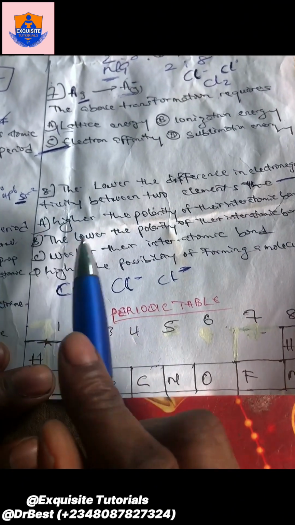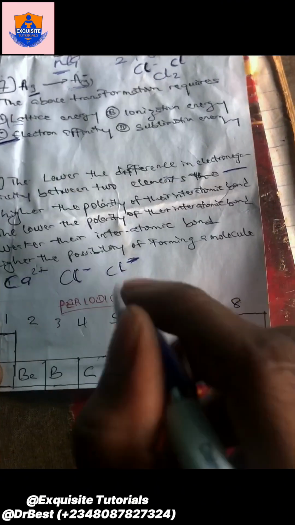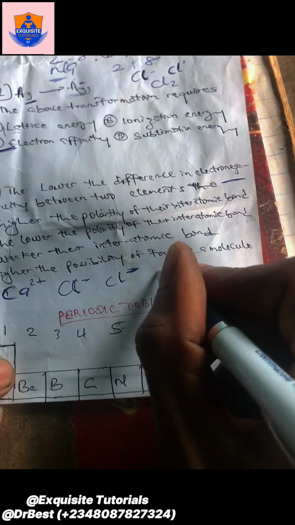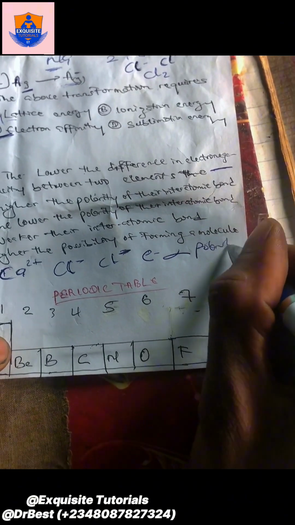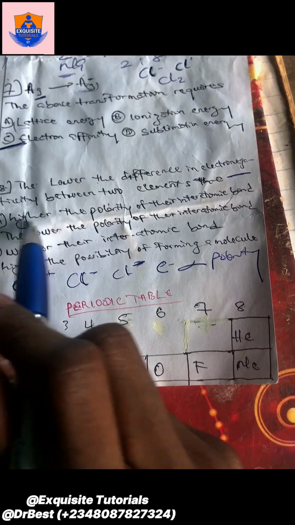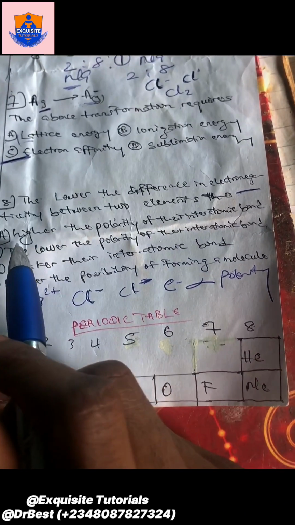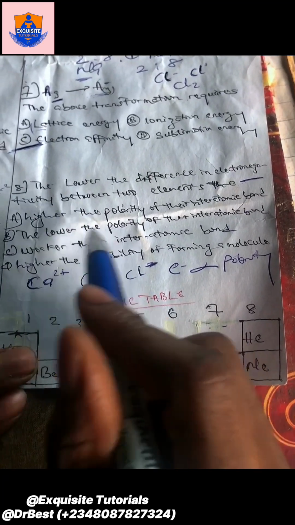Now what does this have to do with polarity? Electronegativity difference is directly proportional to polarity, which means that when there is a high increase in electronegativity difference, you are going to have a high polarity in the interatomic bond.